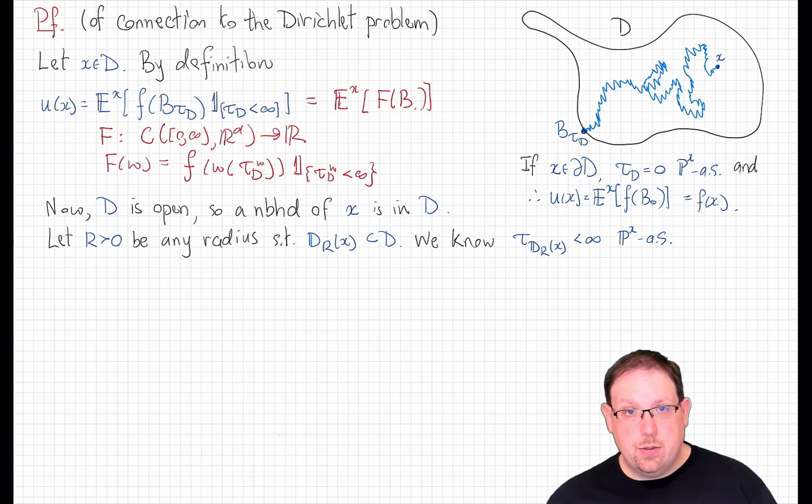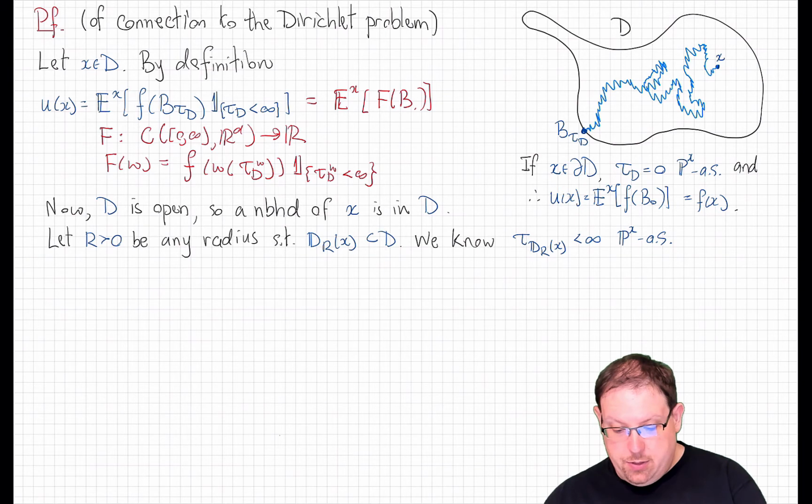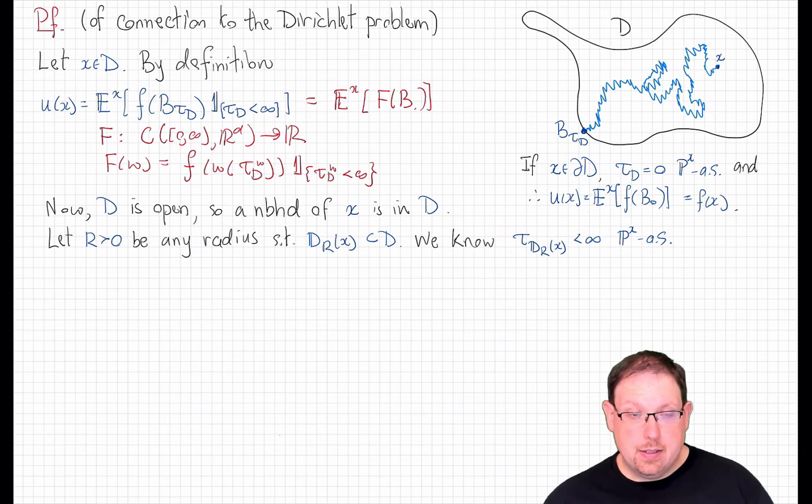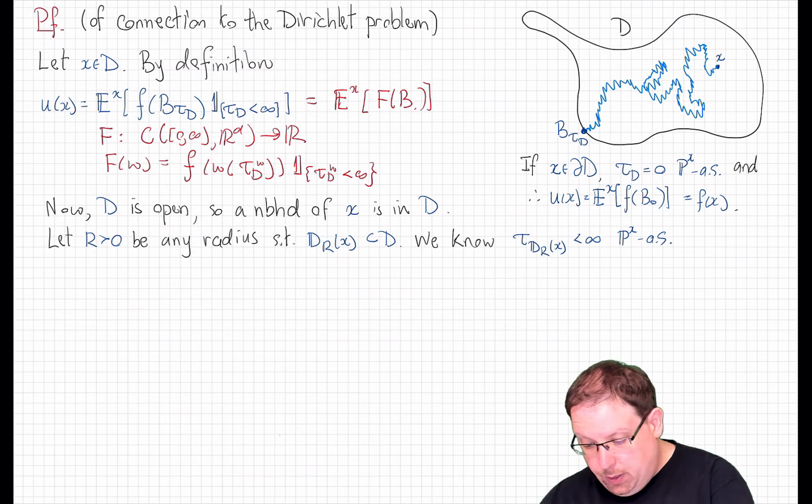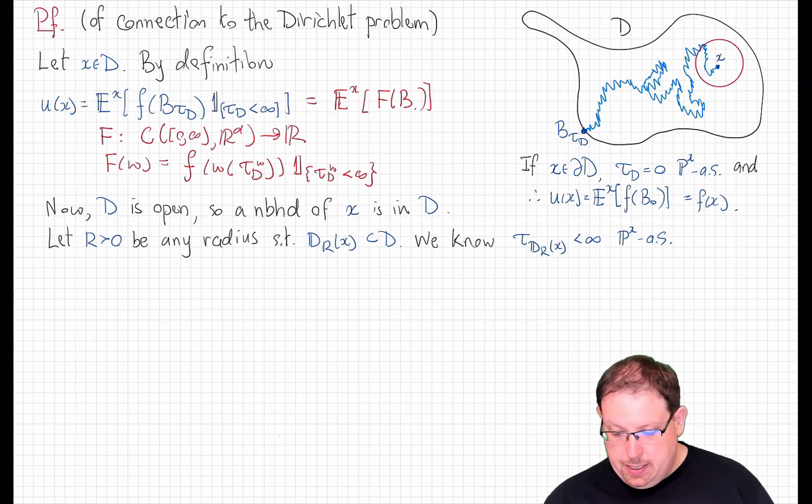Now we'd like to use the strong Markov property, which means that we'd like to have, instead of just f of the Brownian motion here, rather f of the Brownian motion shifted by some stopping time. And the way that we're going to apply that in relation to the spherical symmetry that we know that we have is to consider some disk around x that's contained in the region D. That is to say, there will be some ball centered at x, which is completely contained in D.